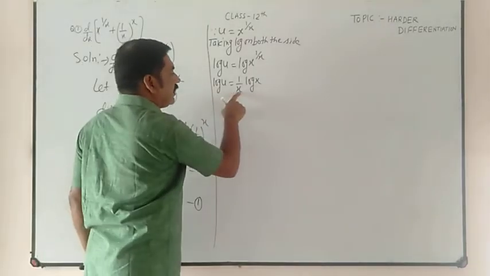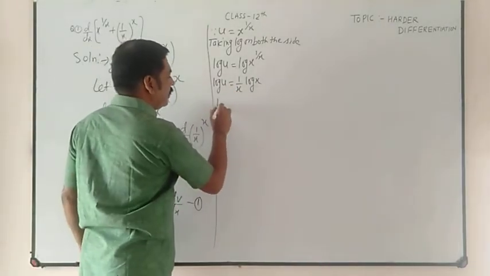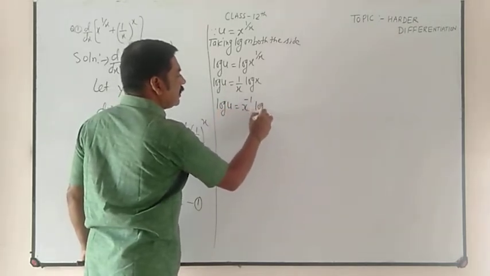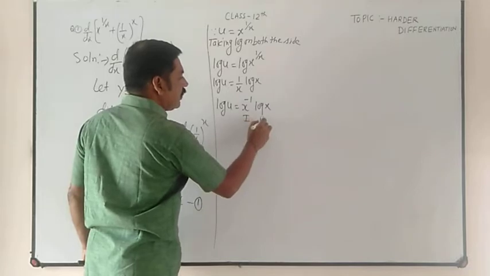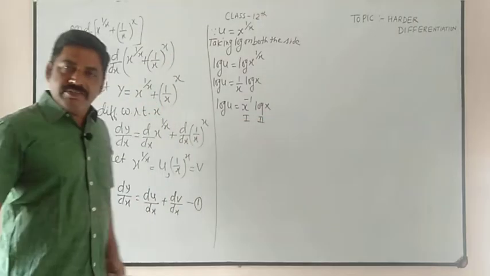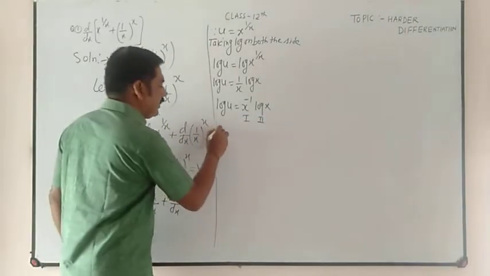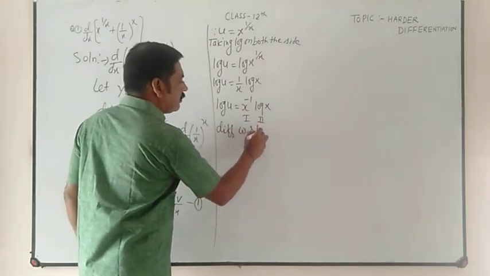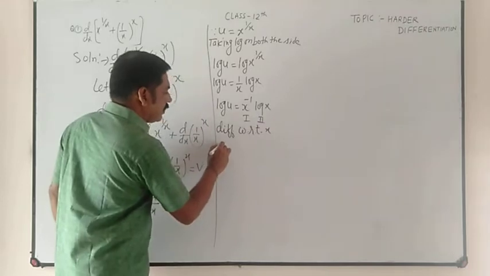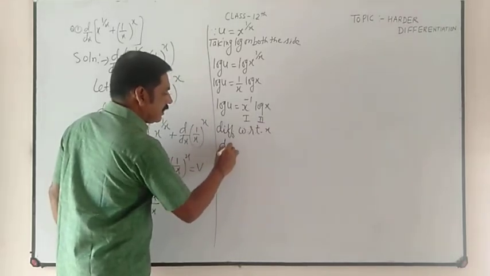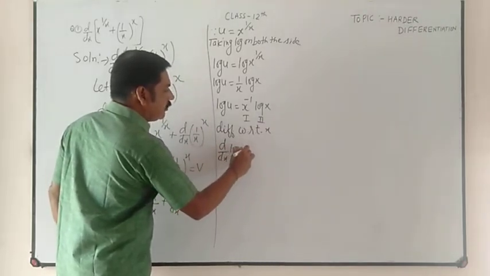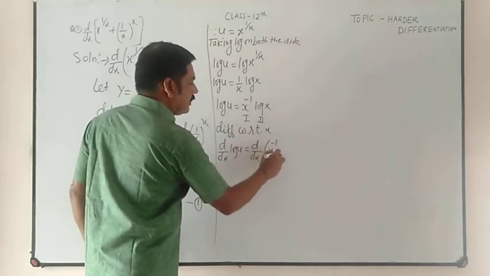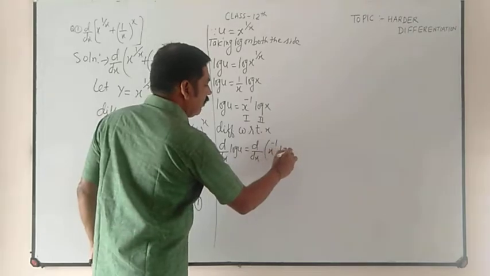Now we can shift this x to the numerator. So log u is equal to x inverse log x. Now this is the first function and this is the second function. So we differentiate with respect to x. So d by dx of log u is d by dx of x inverse log x.